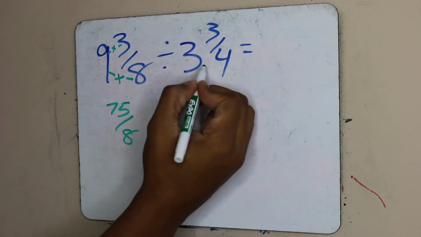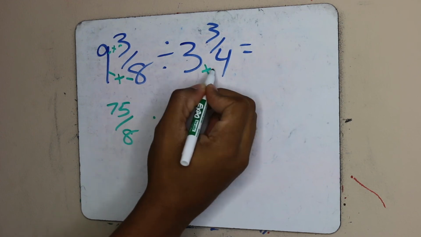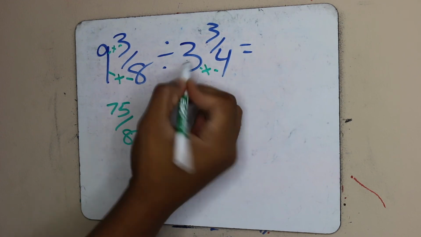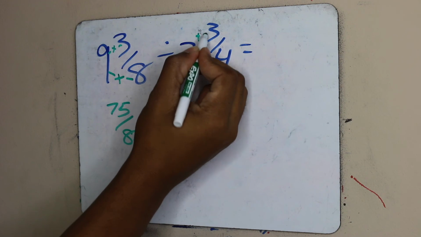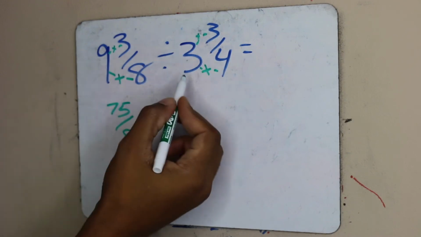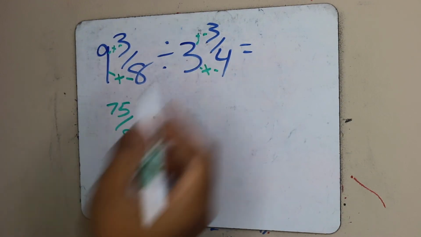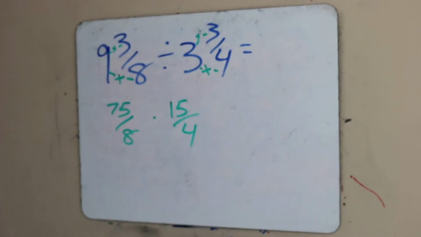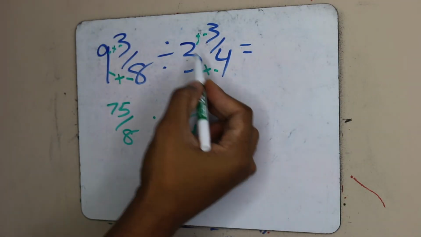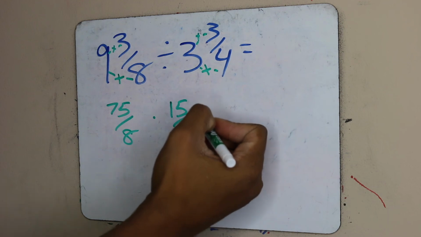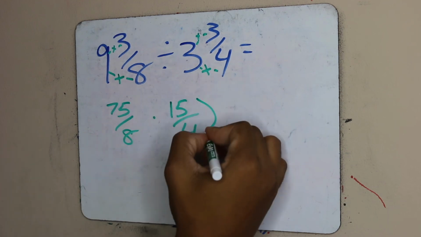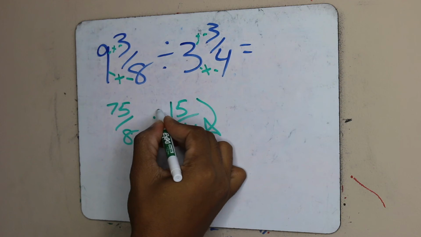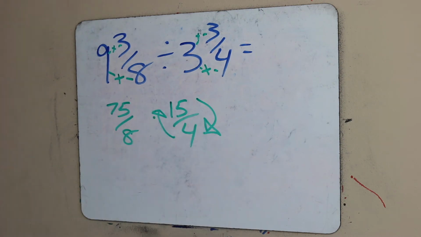So then we do the same thing here. 4 times 3 is 12, and then we add 3. So 12 plus 3 is 15. So we now have 15 over 4. But wait a minute. That's just if we made this into an improper fraction, but we have to multiply by the reciprocal. So now it's 4 over 15.